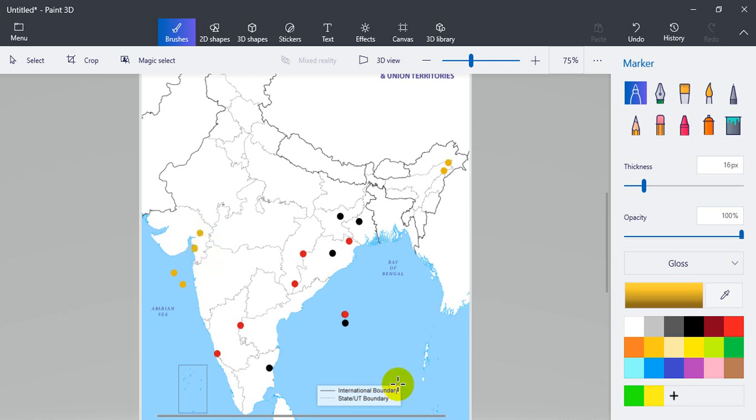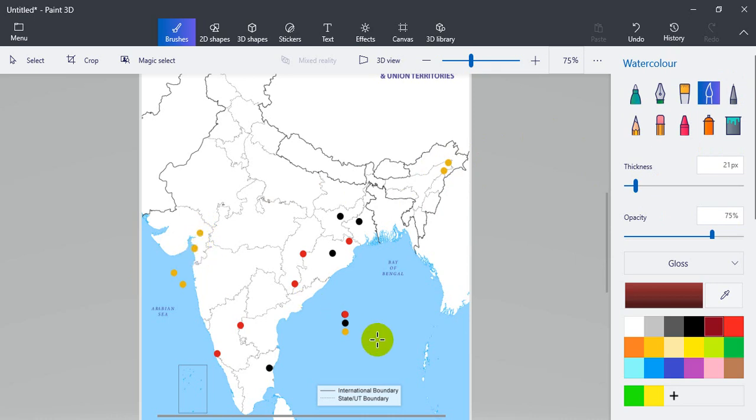So these yellow ones indicate the oil fields. Two extremes are in the northeast, Digboy and Naharkatia. And then here we have Bassein and Mumbai High, and this is Kalol and this is Ankleshwar.